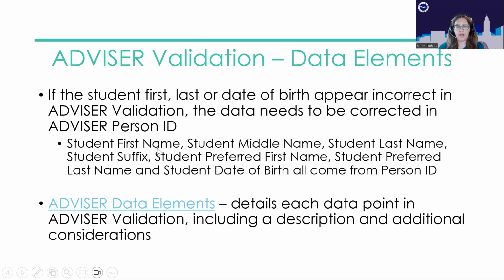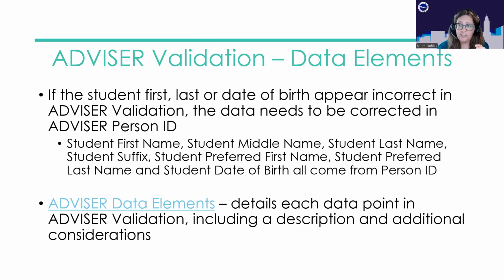So I want to spend a little time talking about data elements in Advisor, and these are all these data points. A lot of times people will be looking at Advisor validation and they're like, that student's first name says Joe, but the kid's name is Jonathan. The information for these kiddos' first, last, and date of birth is coming from Advisor person ID into Advisor validation.